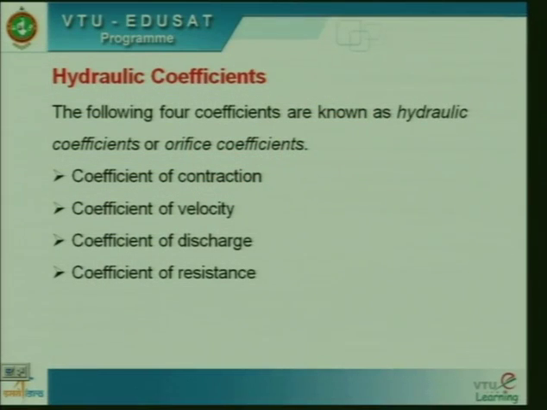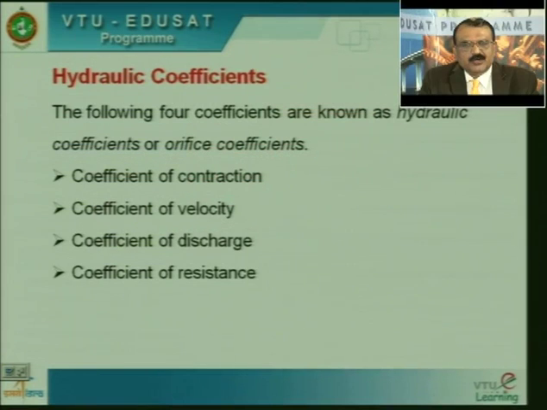It is the ratio of the area of the jet at the Vena Contracta to the area of the orifice. I repeat, the coefficient of contraction is A naught divided by A. A naught is the area of the jet at the Vena Contracta, and A is the area of the orifice. That we call the coefficient of contraction.